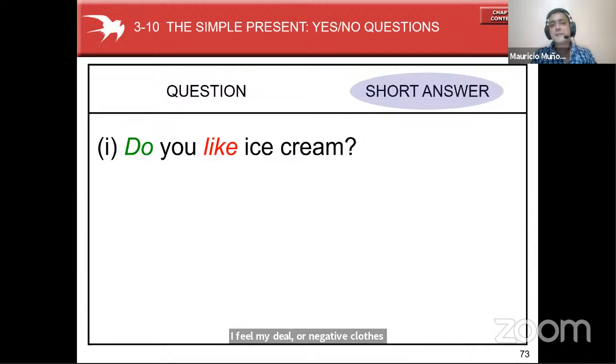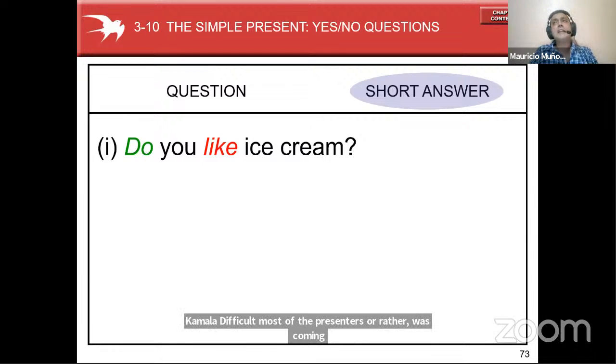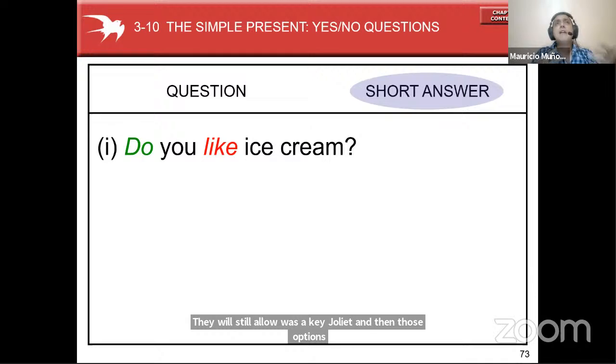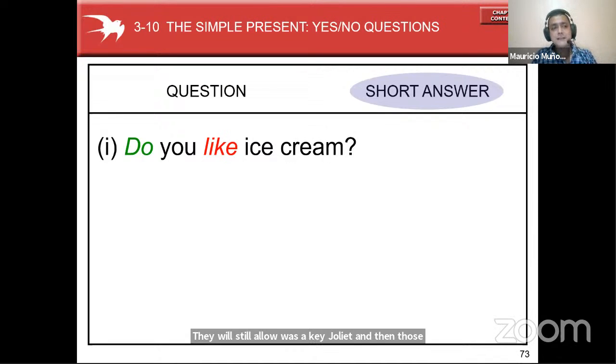Closed questions. ¿Cómo la identificamos una pregunta cerrada? Pues comúnmente esta inicia con un auxiliar, que puede ser do o does. Is a closed question. For example, do you like ice cream? ¿Te gusta el helado? Pues aquí yo voy a tener dos opciones, affirmative or negative.